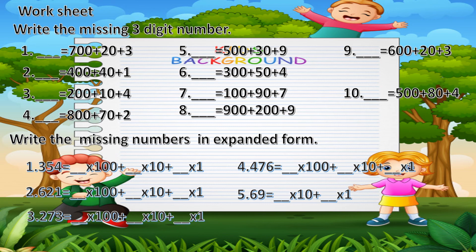So 700 plus 20 plus 3 equals 723. Got it? Okay. Then you're going to do the rest. I'm going to be quiet so you could answer the rest of the exercises.